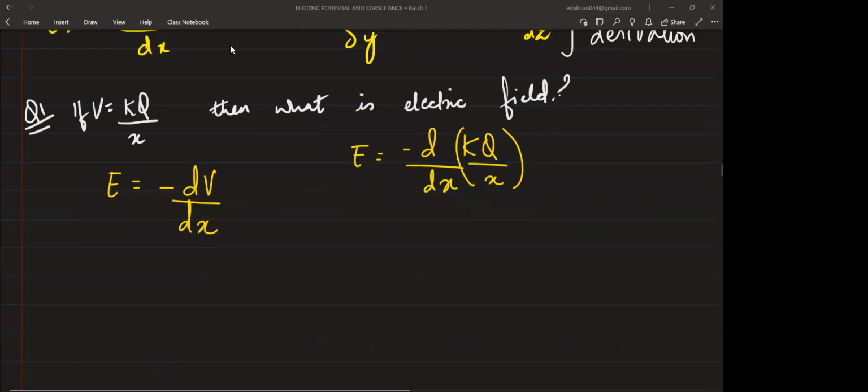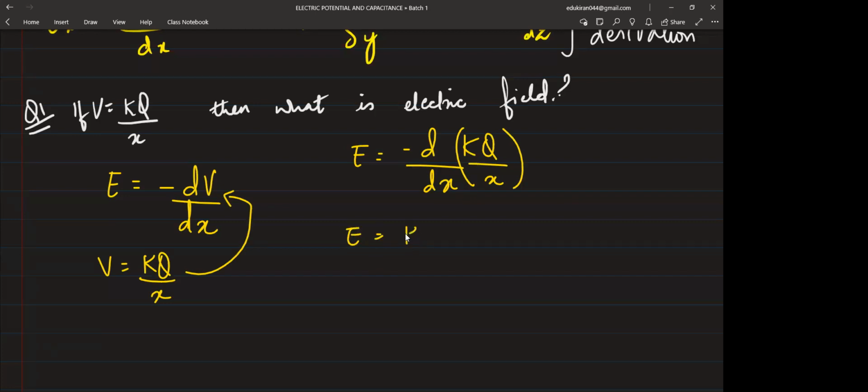Okay, this is an important question. This is how we can derive the electric field formula from the potential formula using this relation. You know potential is kq by x and it's given in the question too. Electric field is minus dV over dx. So if we put the value of V as kq by x, we'll get minus d of kq over dx.